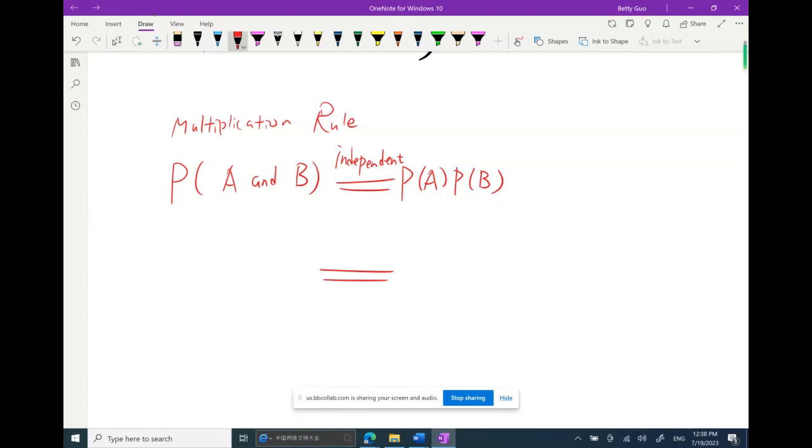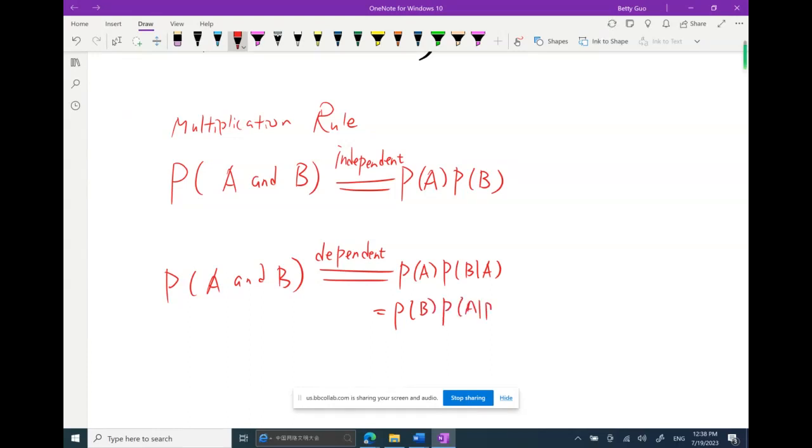What if the two events are not independent? Instead, A and B are dependent. Then the probability of A and B would be found by using this formula: P of A times P of B given A, or equal to P of B times P of A given B. Which one depends on which event occurs first.